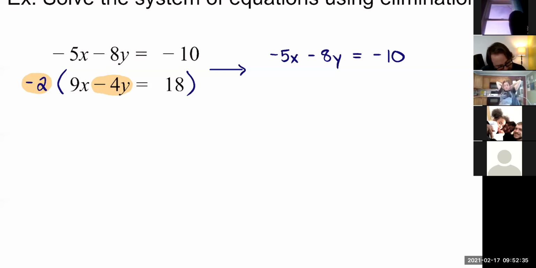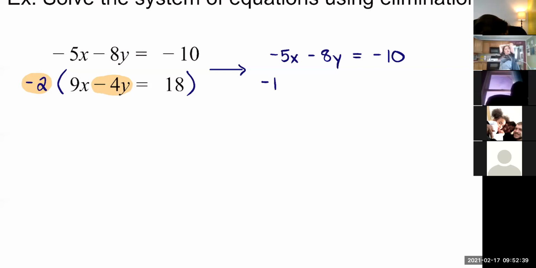So the -2 times 9x is going to give me -18x. The -2 times -4y is going to give me a +8y. And the -2 times the +18 is going to give me a -36.